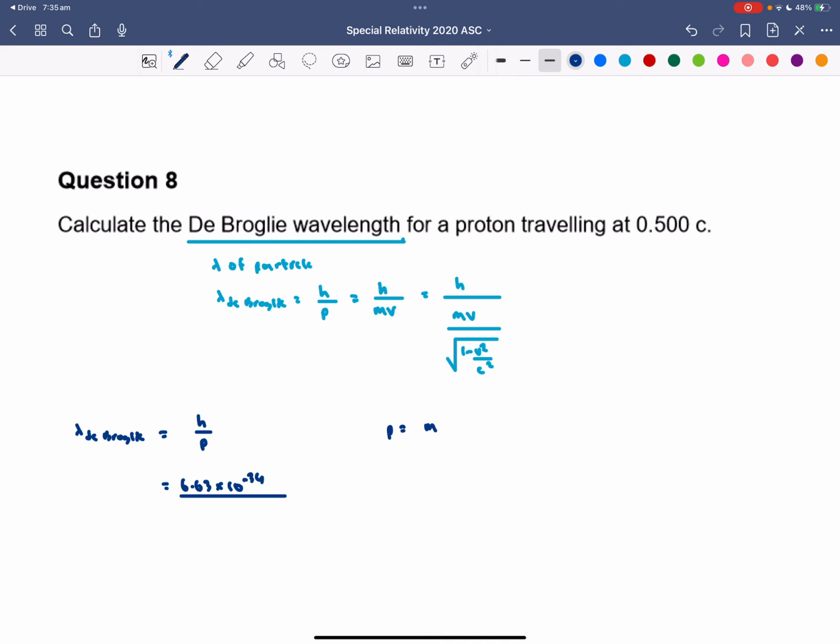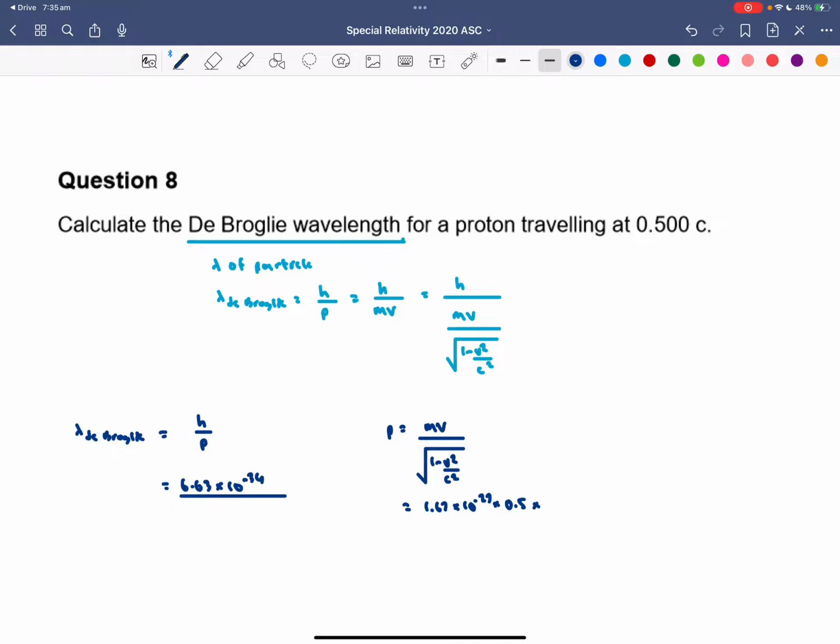So the relativistic momentum is mv over root 1 take v squared on c squared. So what is the mass? Proton, so again 1.67 times 10 to the negative 27.